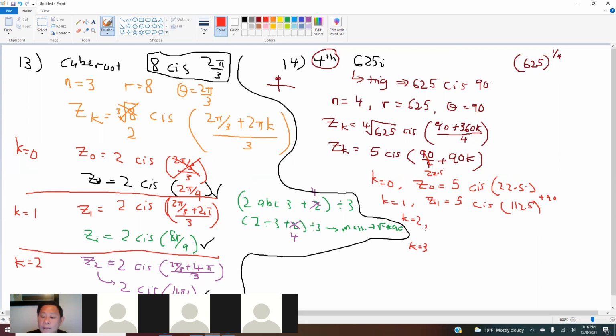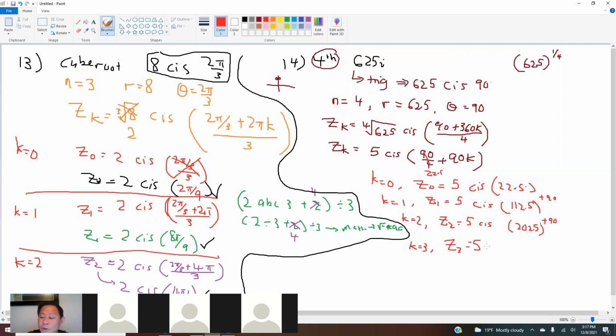Okay. When k is 2, z2 in this case will be 5 CIS. Again, you add 90, so 112.5 plus 90 will give us 202.5. So you can tell that the angles in degrees are much friendlier and easier to do compared to the one in radians that we did in question 13.